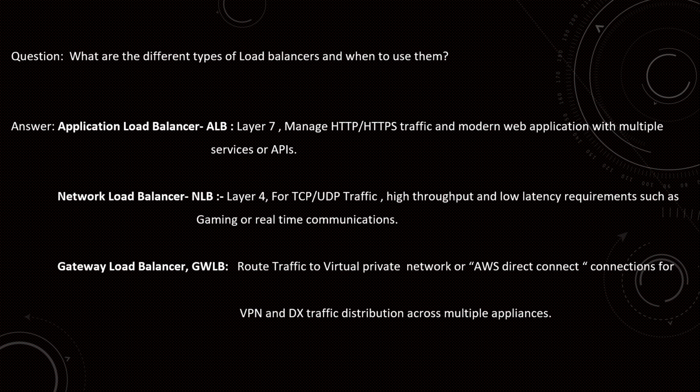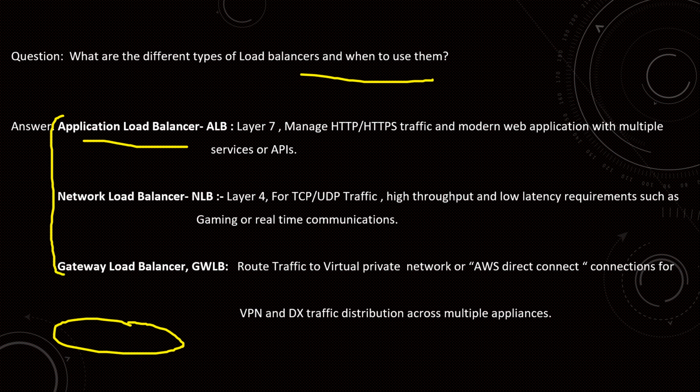Coming to the next slide, what are the different types of load balancers and when to use them? Very important. There are four load balancers, but the fourth one belongs to an old version, so I have not included it. In the current scenario, there are three load balancers.